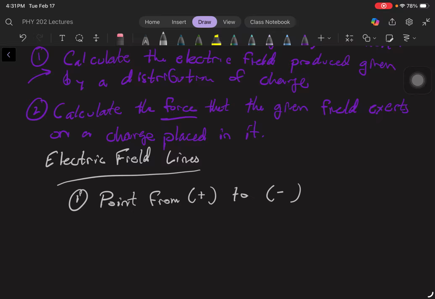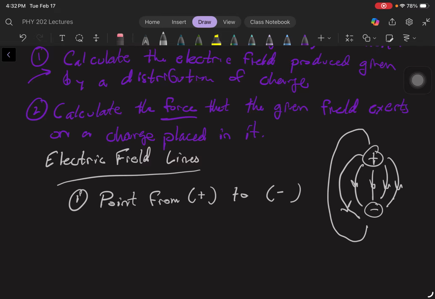You know, it can be a sheet of charge, it can be a point particle, it can be a ring of charge, line of charge, which we'll get into later. But they point from the positive charge to the negative charge. And so if we were to have a positive and a negative charge, you would get electric field lines that do something like this. And then if they start coming out the backside, they loop around like that. Cool.